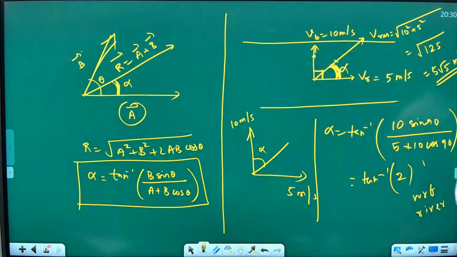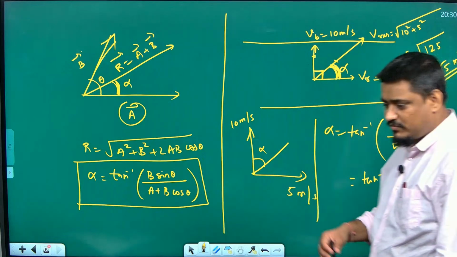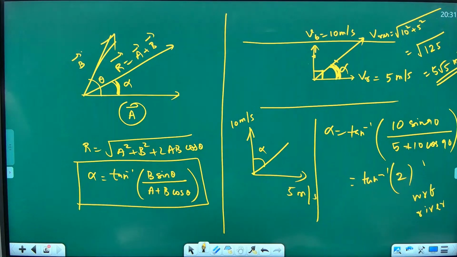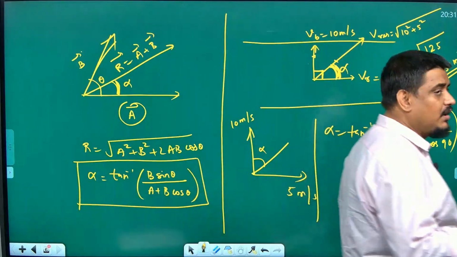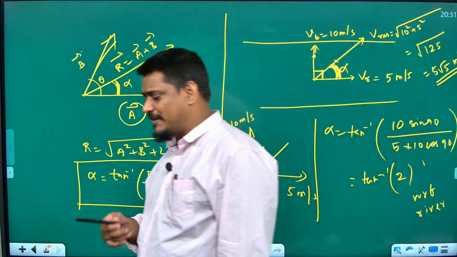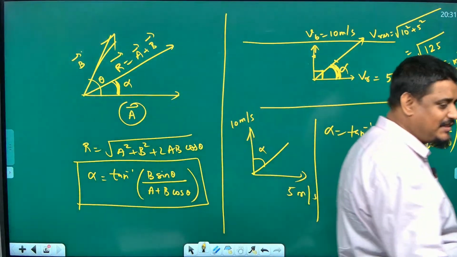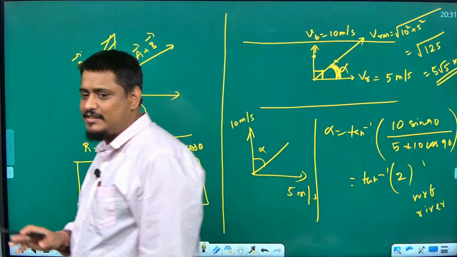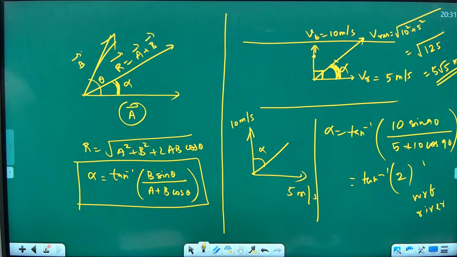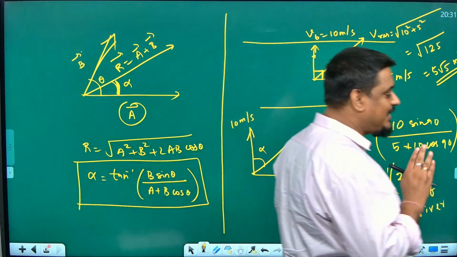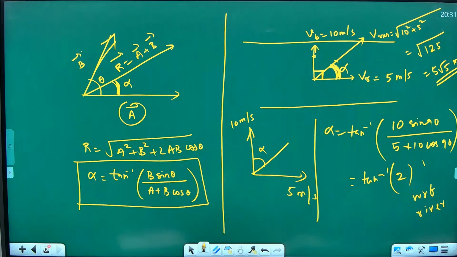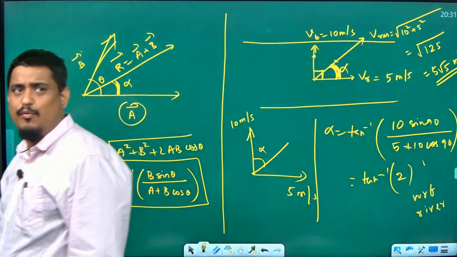Next question is, it is raining with a velocity of 3 meter per second, and there is wind blowing from east to west at 4 meter per second.